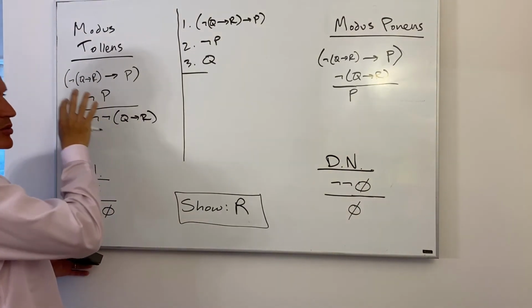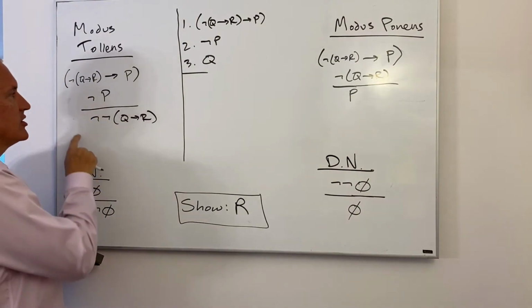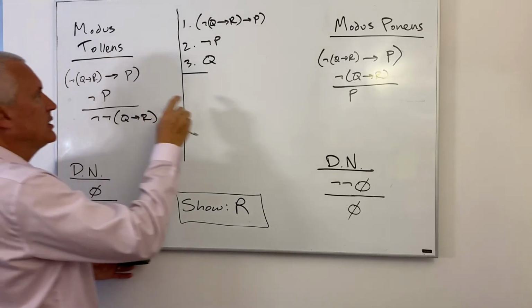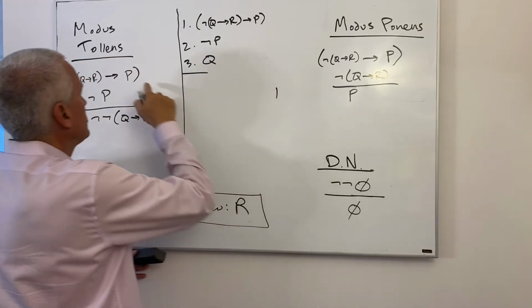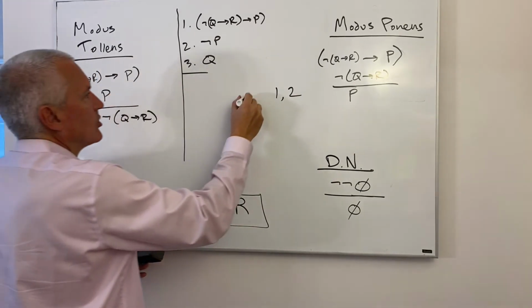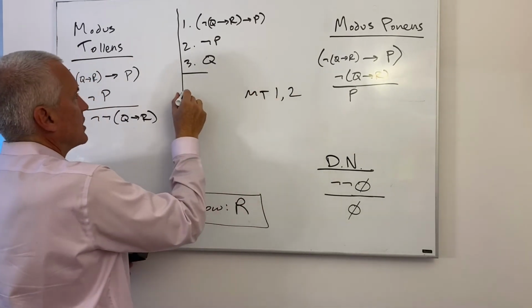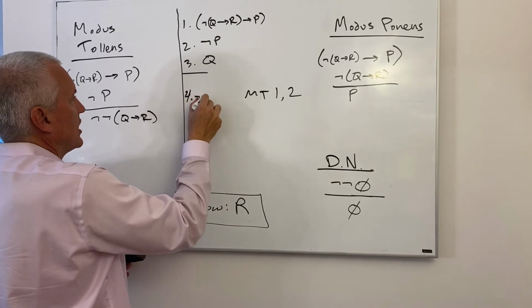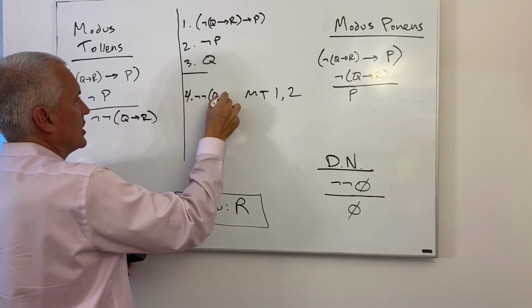And so that was really just copy and replace. And this is an instance of the modus tollens rule. Well, look, line 1, I do have this. Line 2, I do have this. So modus tollens tells me I get, it's not the case and it's not the case, the Q arrow R.